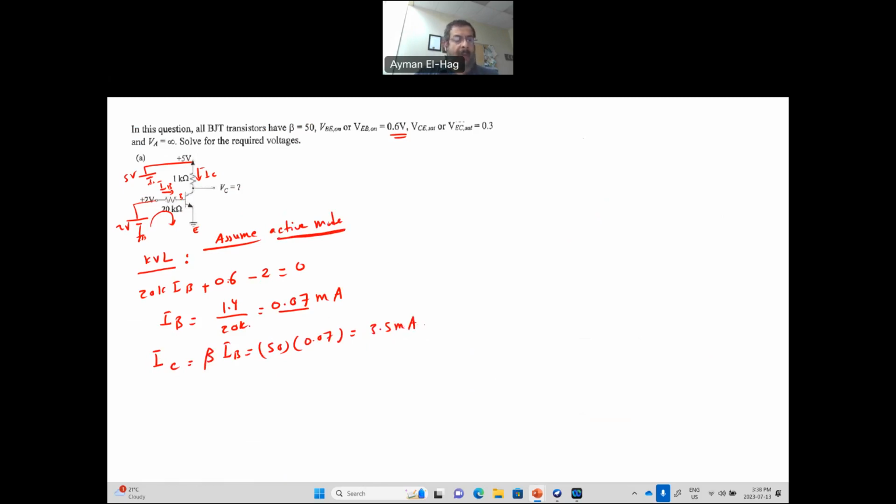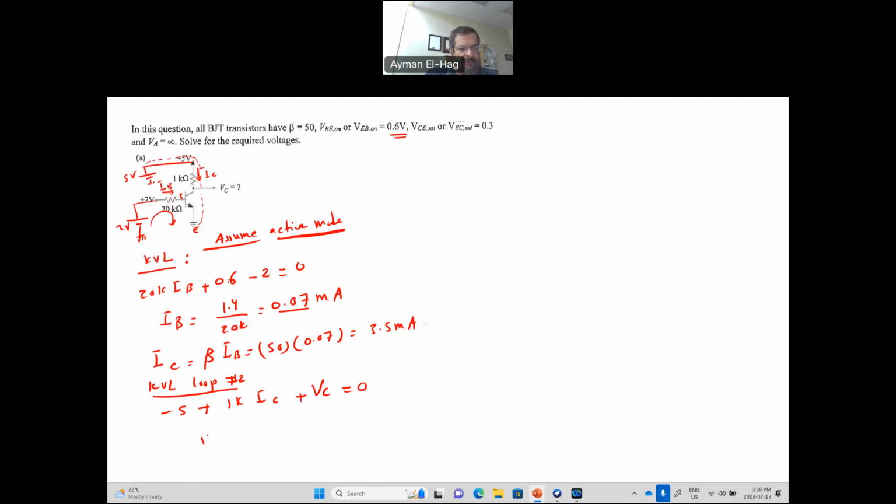Okay, now we found IC, so we will apply KVL in this loop. This is the loop I will be going around. So KVL, loop number 2: minus 5 plus 1K IC plus VC, which is your unknown, equal to 0.